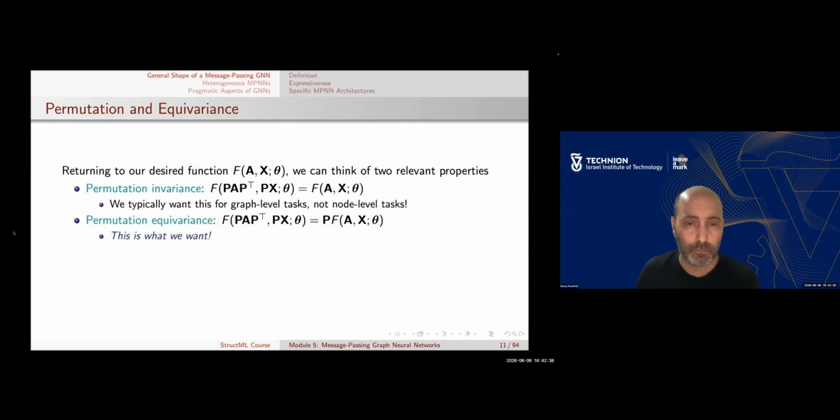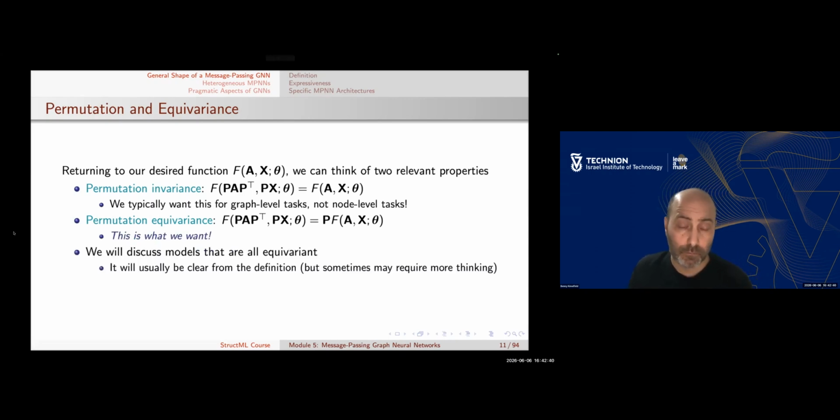And we will discuss models that are all equivariant by definition. Sometimes it will be obvious, and in some cases we may need to think about it, but in most cases, the way we define them, they are obviously equivariant. This is an important property of GNNs.